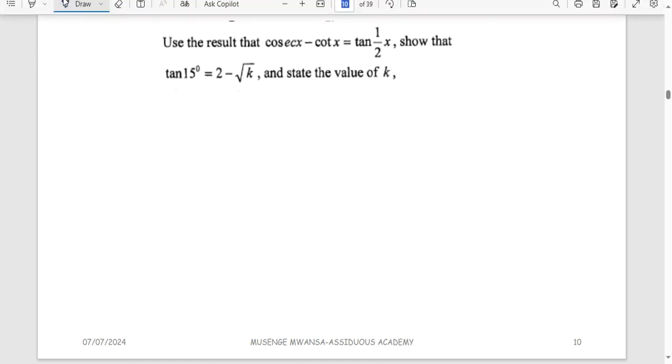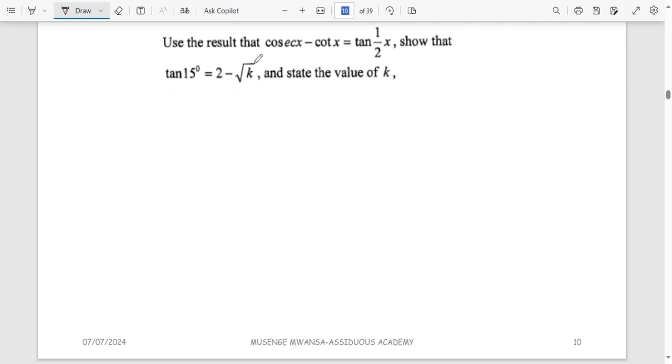Use the resultant that cosec x minus cot x is equal to tan of half x. Show that tan 15 is equal to 2 minus square root of k. I love this. So we want to use the resultant that cosec x minus cot x is equal to tan of half x.